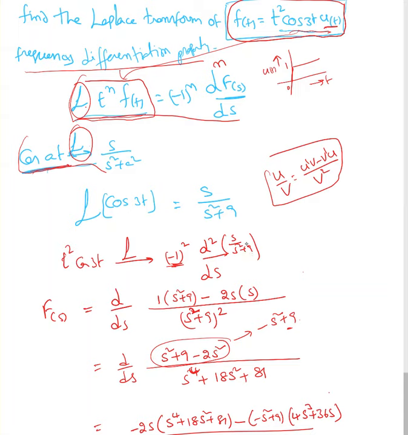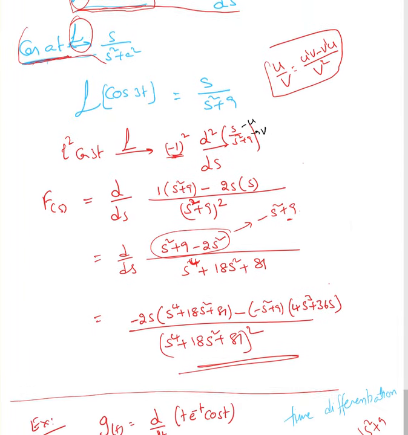So this looks like u, this looks like v, and the denominator is s square plus 9 whole square. u prime is ds by ds, which is 1, times v, s square plus 9, minus v prime, which is 2s, times s. So you will end up with minus s square plus 9 over s square plus 9 whole square. I kind of expanded it.